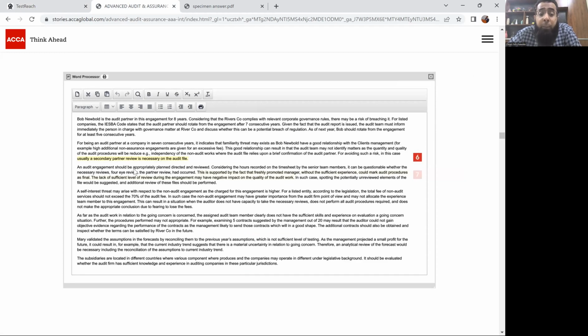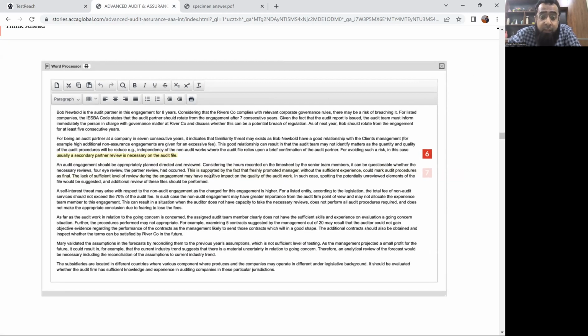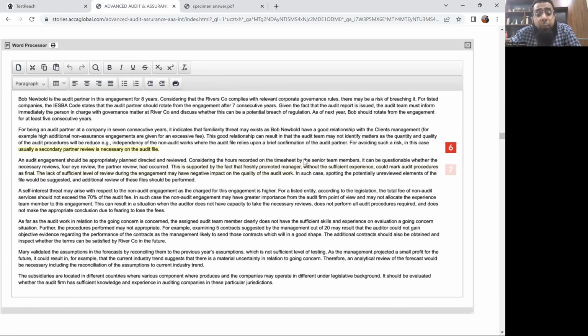An audit engagement should be appropriately planned, directed, and reviewed. Considering the hours recorded on the timesheet by the senior team members, it can be questionable whether the necessary reviews, 4I review, meaning a review done by a supervisor, an audit manager, a senior audit manager, and then the audit partner, had occurred at each level.